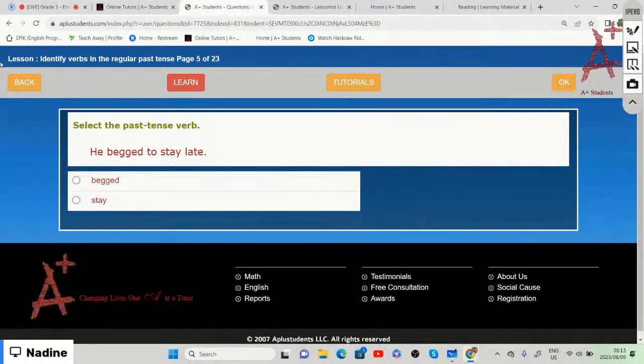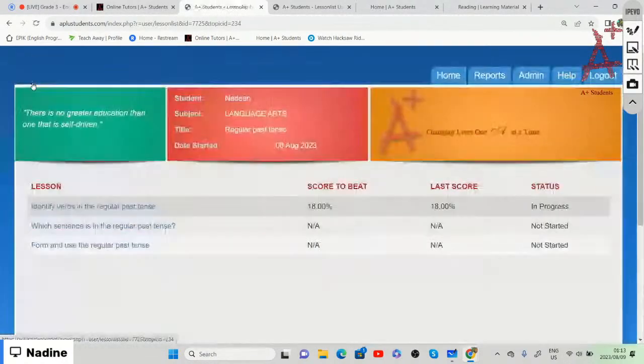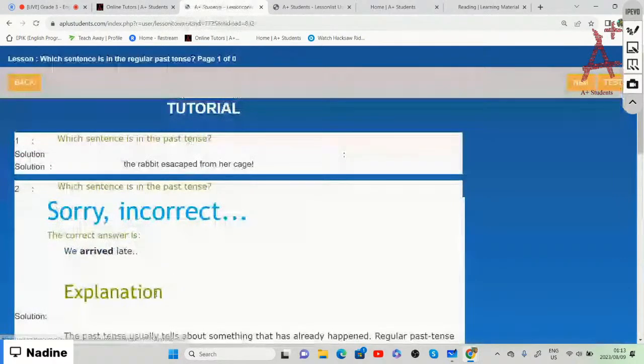All right, let's go back. So that is identifying verbs in the regular past tense, right? So now we're going to move on to which sentence is in the regular past tense. Which sentence is in the regular past tense?